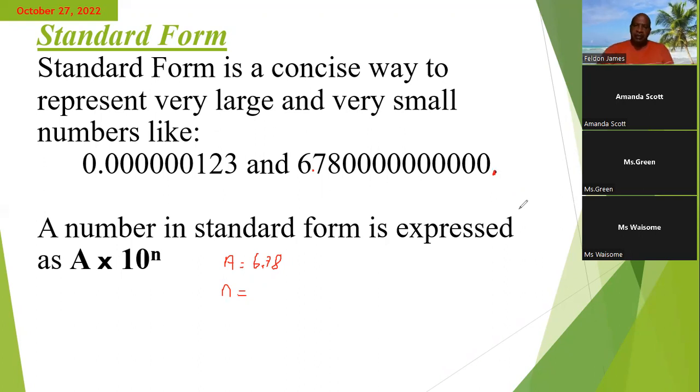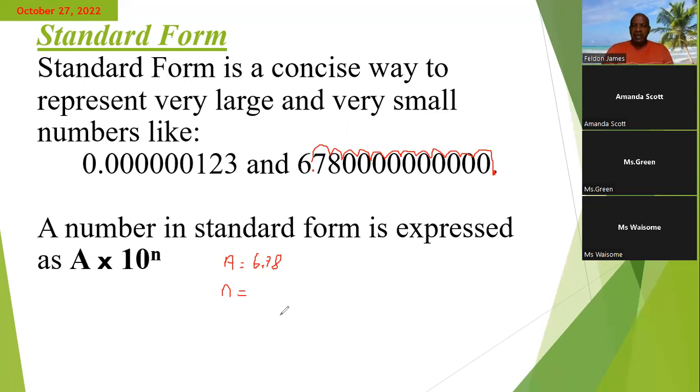So if we count from that position to where we now have the point after the 6, then that number of positions will give you N. So if we count 1, 2, 3, 4, 5, 6, 7, 8, 9, 10, 11, 12. Now that tells you that N is 12.